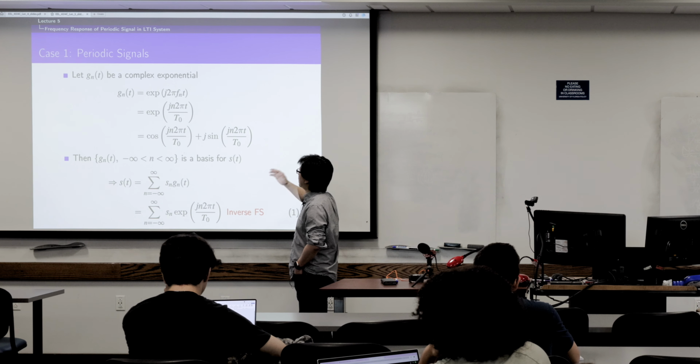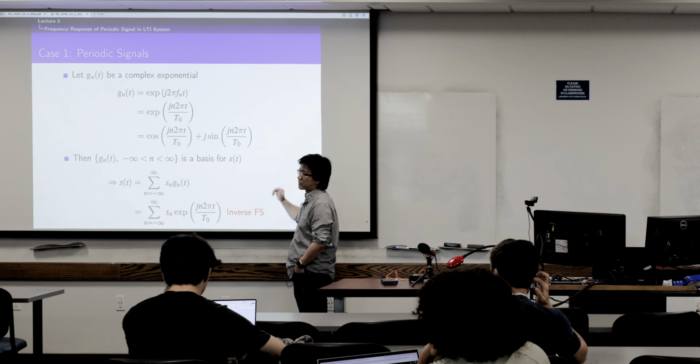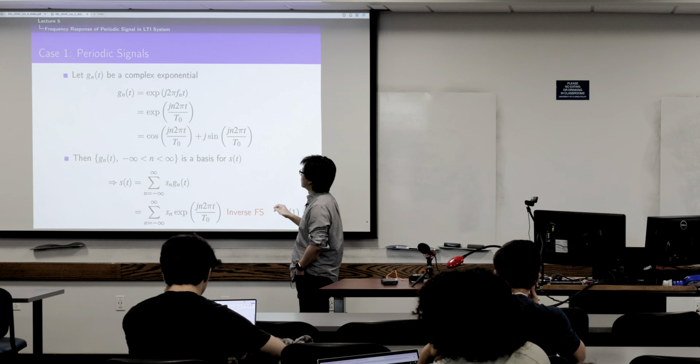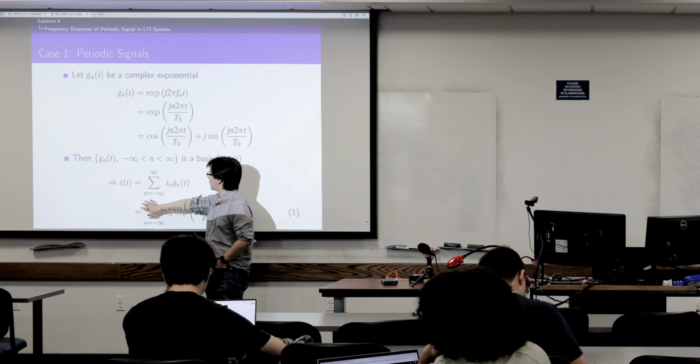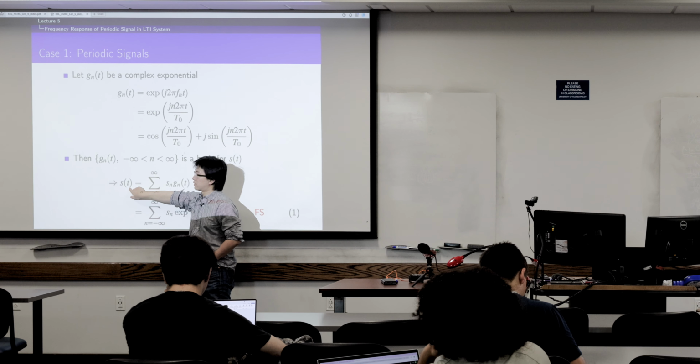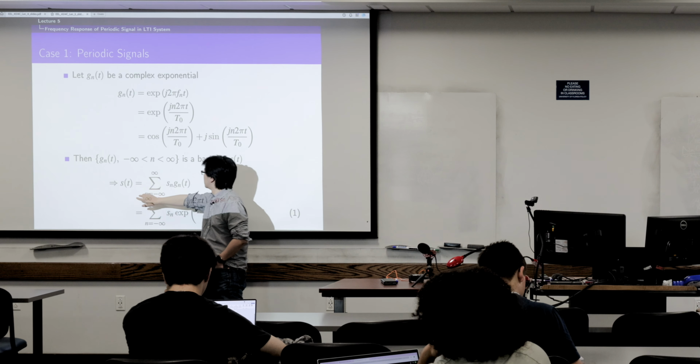Now given all these complex exponentials, it turns out that the G of n, all these complex exponentials, are the basis of this function space. In other words, we can decompose the original signal S of t, which is periodic, as a summation of these, and you can see this is a series.